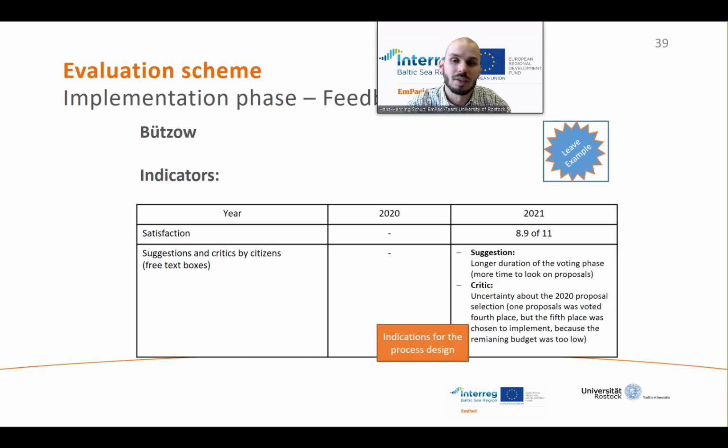But the budget that was left after the first three was not high enough to implement it. So what the administration did is they looked at the next one, at the fifth place, and that was cheaper.